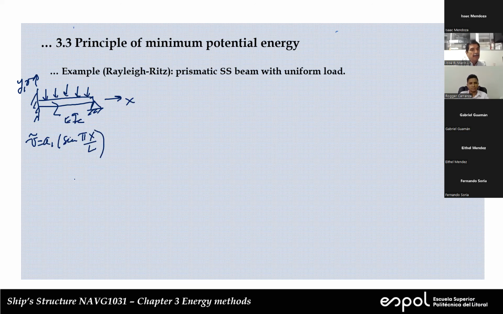Okay, what are the boundary conditions that you have to satisfy? At x equals 0, deflection equals 0. And? The first derivative equals 0. The first derivative of this is equal to 0? At the clamp, yes.